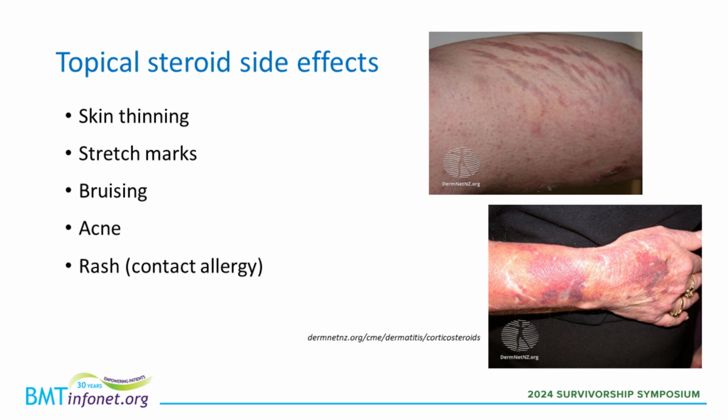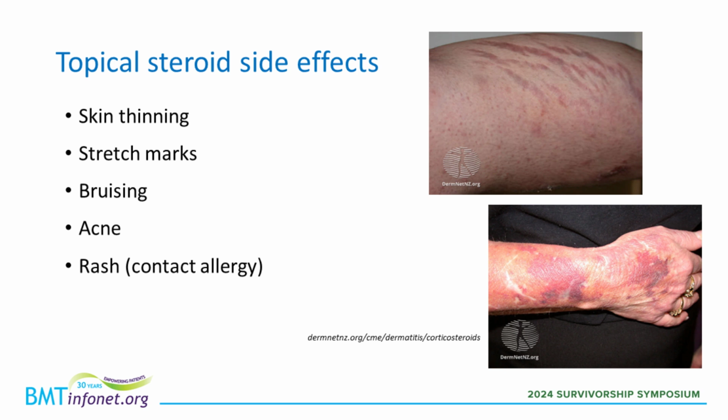And we know that the side effects are increased the longer that we're using topical steroids, and also if we're using topical steroids that are too strong for the area that we're putting them on. So some areas of the body, like the face, the folds of the body, the genital skin, can be thinner and can be more prone to some of these steroid side effects.